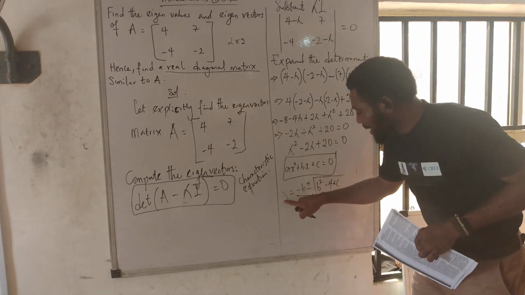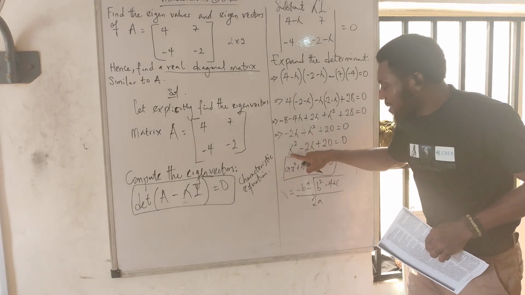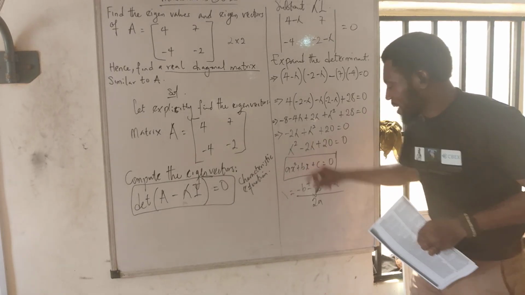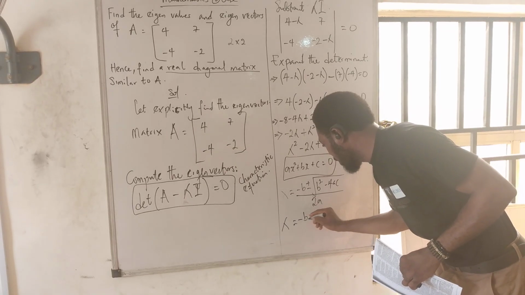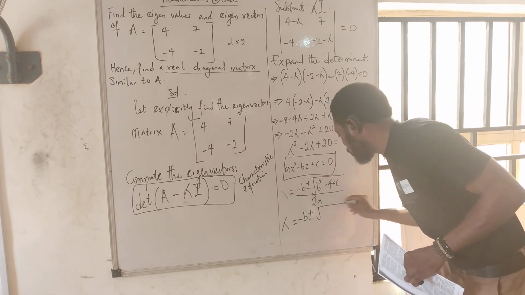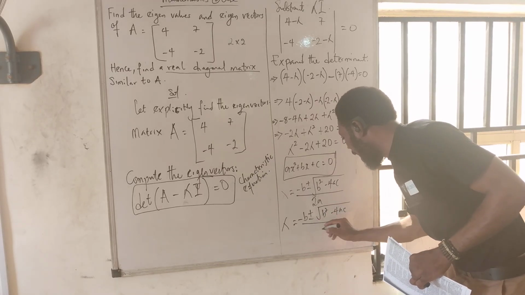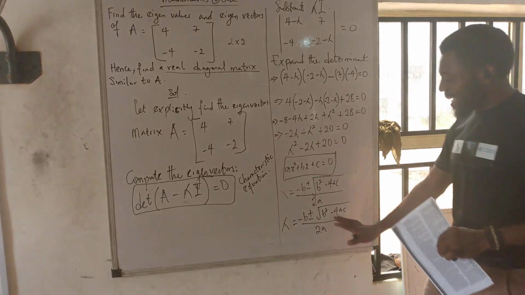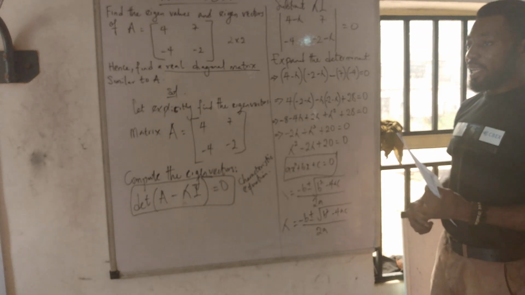I am going to change my x, because if you look, this is x, this is x. It seems that lambda can be x. So my lambda is equal to minus b plus or minus square root of b squared minus 4ac, all over 2a. This is the formula we are going to use to solve this equation.